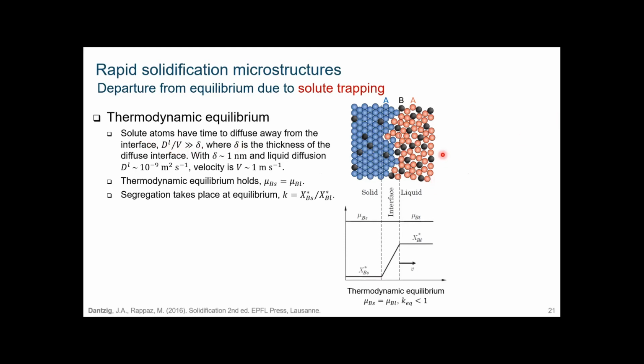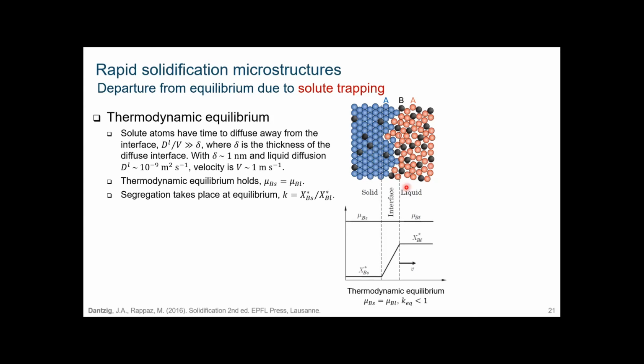And as a result, you see here these black atoms, these are the solute atoms B. They are in the liquid on the right, in the crystal solid on the left, and they redistribute due to solidification following equilibrium at the interface. And this is the way you get the equilibrium phase diagram. So you have less B atoms in the crystal compared to B atoms in the liquid.